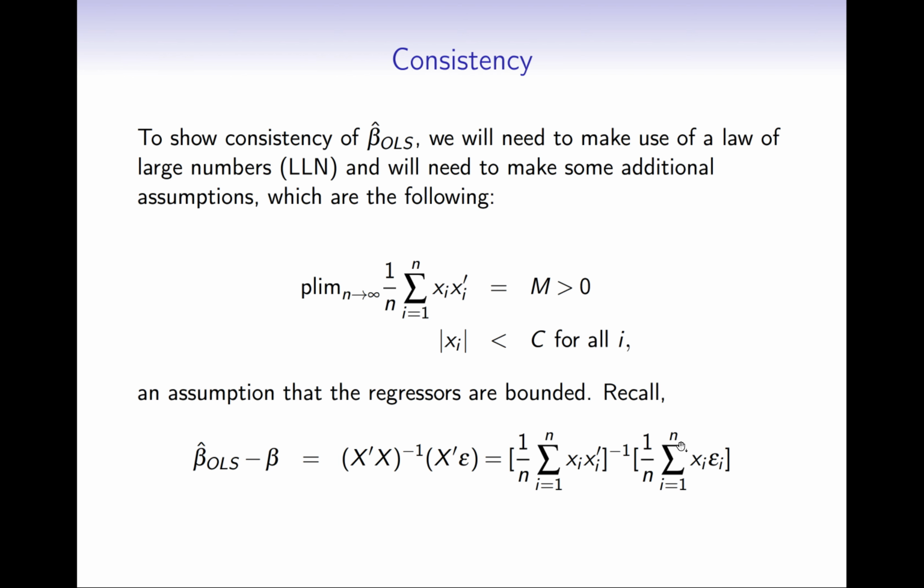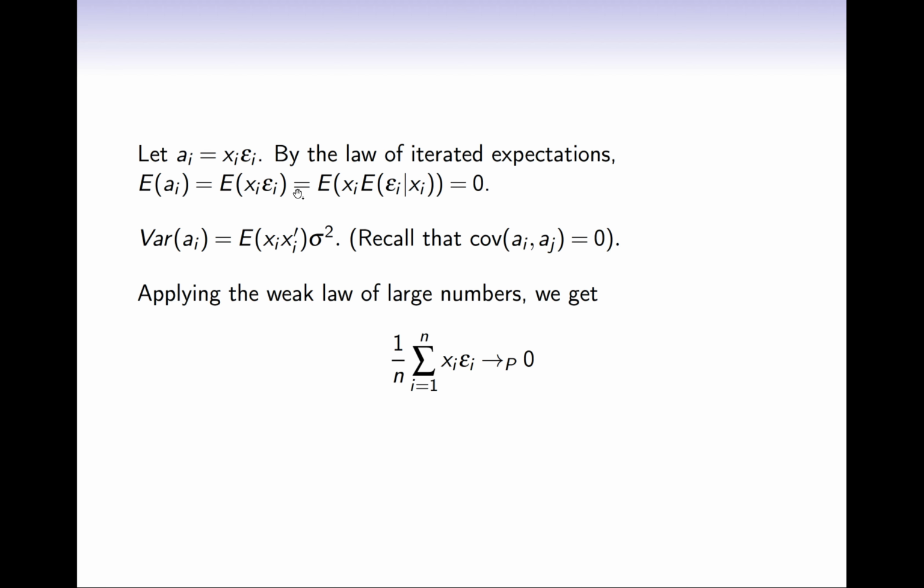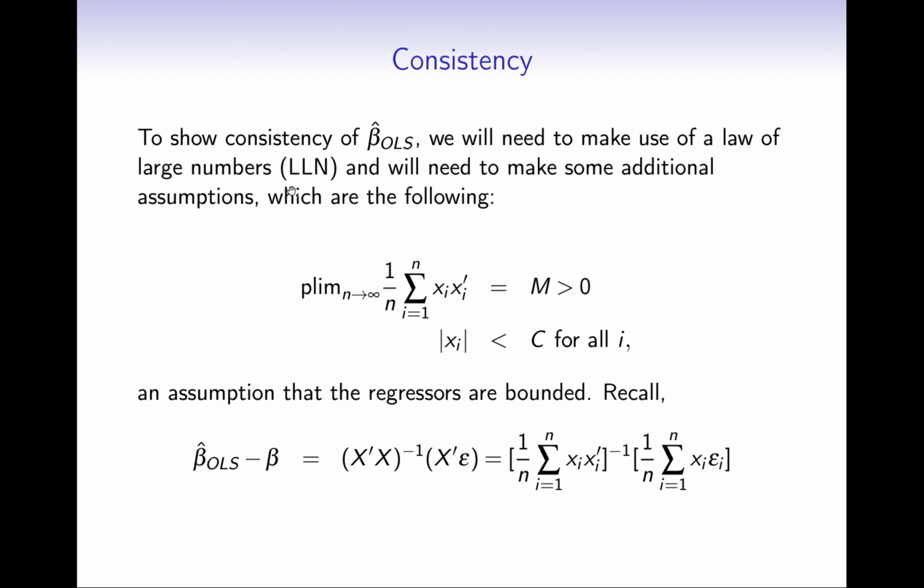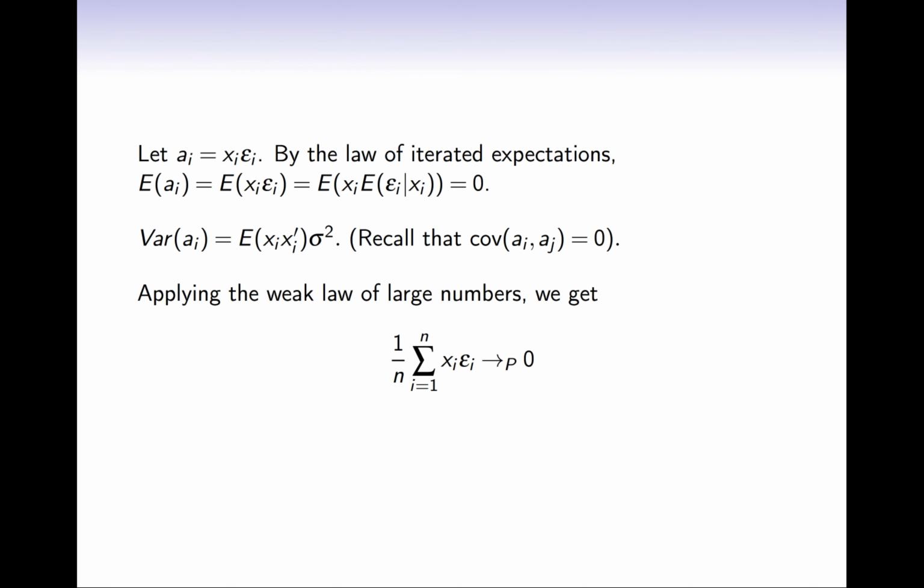And then this term here is also going to go to its expectation. So this goes to its expectation, and we're assuming it's invertible, so that's like M inverse. And this goes to its expectation, and then applying the law of iterated expectations, we get that that equals 0.